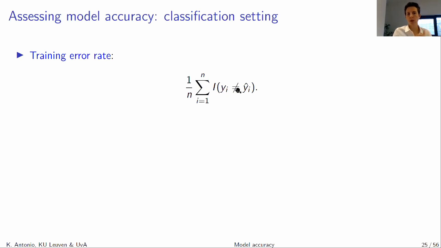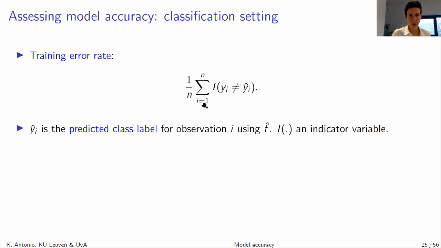So I'm going to count in a data set with n observations, how many errors do I make? And I'm going to count this number of errors. I'm going to divide by the size of my data set, and I'm going to call that my error rate. So the goal of a good classifier is, of course, to make this error rate small on test data.